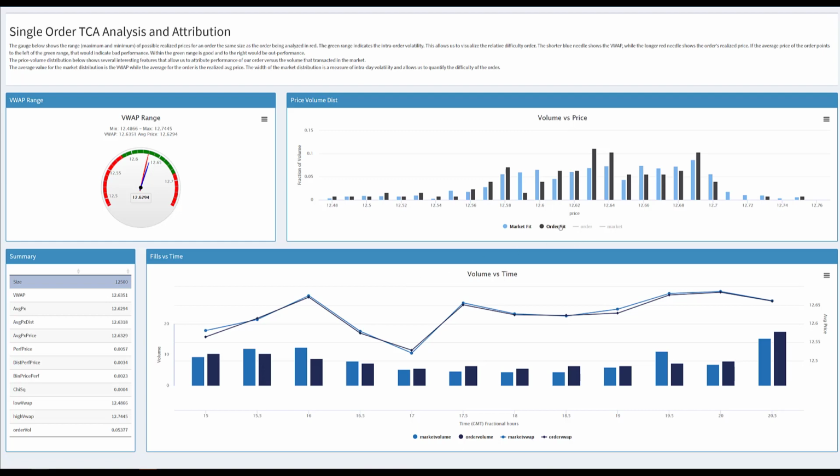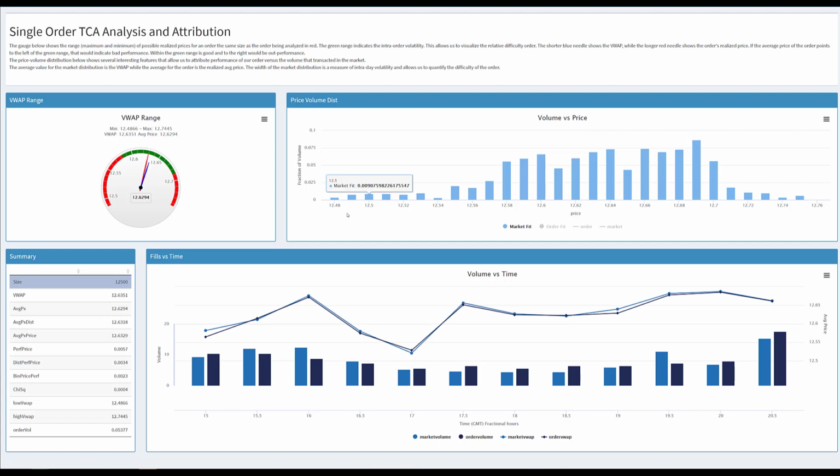Okay, so there's something else we can do with this distribution. If we look at our order size, so here we have an order of 12,500 shares, and we move from left to right, using up all the volume in the market until we get to a total volume of 12,500 shares, we can compute the average price, and that would be the lowest average price that could have been achieved given this opportunity set of transacted liquidity for an order the same size as ours, or 12,500 shares.